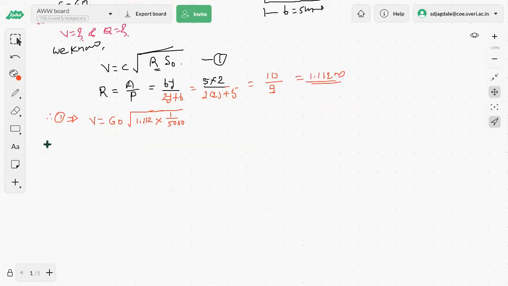So V is equals to 60 into the square root of 1.112 divided by 5000. We'll go firstly in the root. What is the magnitude in the root?